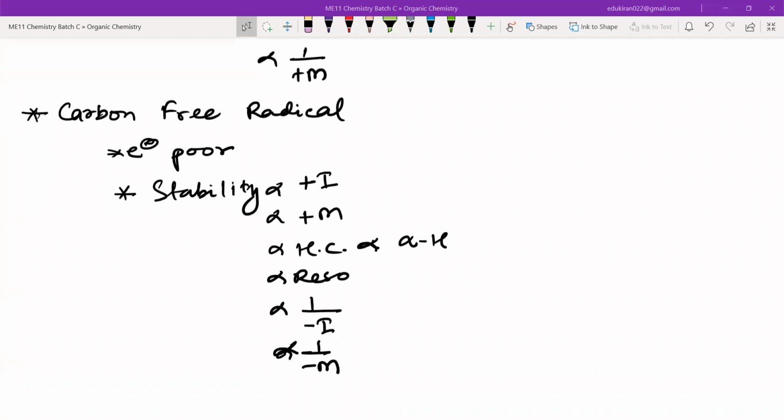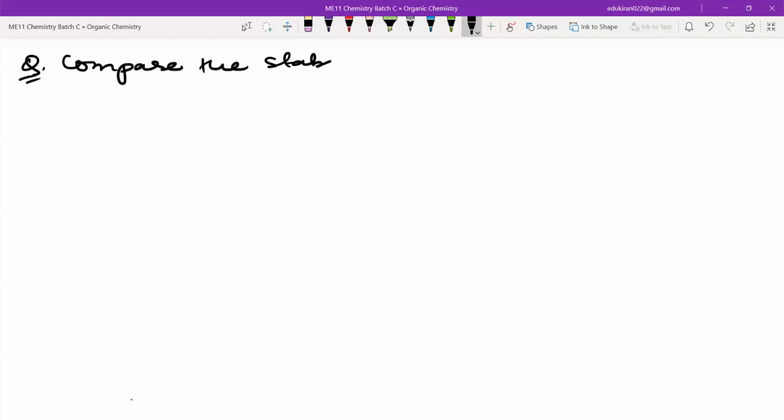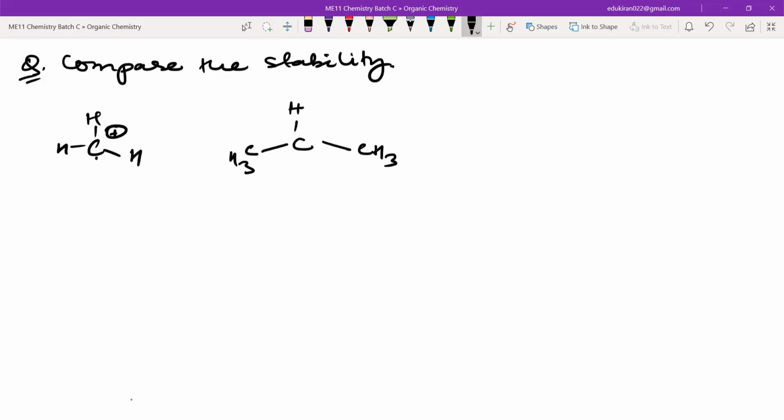One more thing, for example, if I want to compare the stability, I have CH3 positive, and let us say I have carbon... In this case you can see that there is no effect here, and here you have hyperconjugation, here you have resonance.